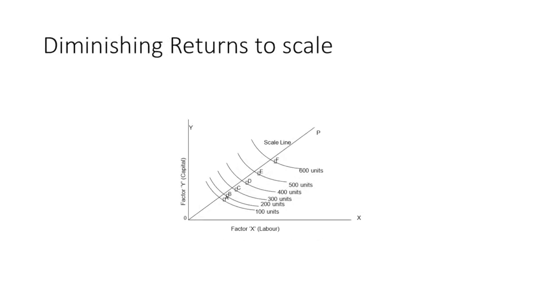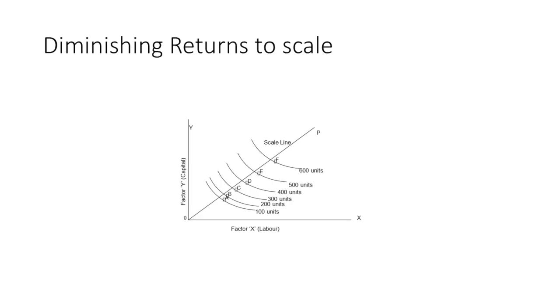Then the last one is diminishing returns to scale. Here the factor inputs are labor and capital. We can say the distance between A and B, the factor inputs, is increasing, but the outputs are constant.